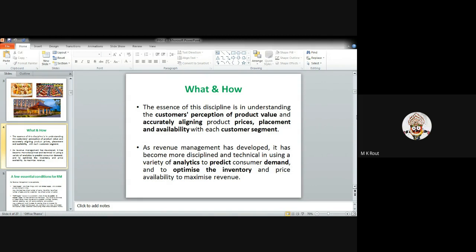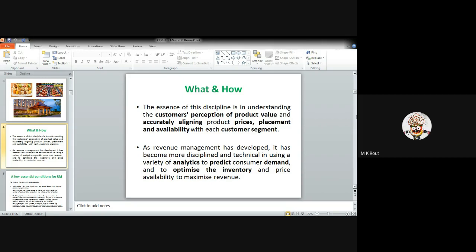Moving to the next one, revenue management has developed into more of a discipline and technical field. It uses a variety of analytics to predict customer demand and to optimize inventory. The last one is price availability to maximize revenues. In most cases companies go for forecasting of the various demand arising from customers, and they optimize the various inventory levels to maximize revenue with respect to the availability of price.